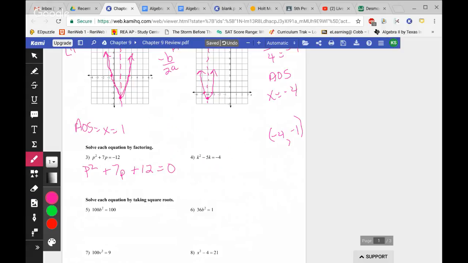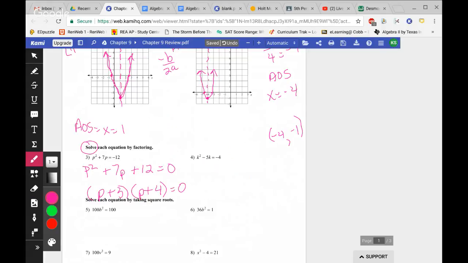What two factors, when multiplied together, give you 12, and when you add them, give you 7? 3 and 4. Perfect. So p plus 3, p plus 4 equals 0. When it says solve, you're looking for the roots or the zeros, where it crosses the x-axis.